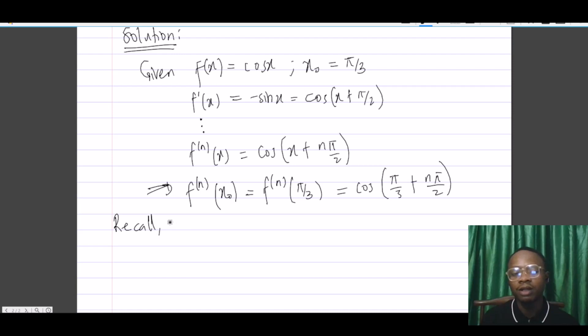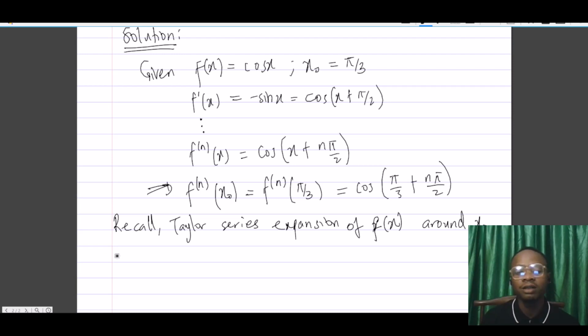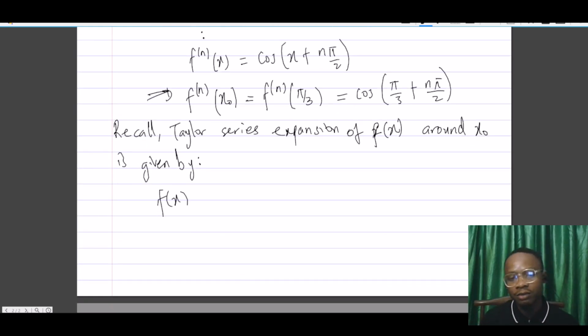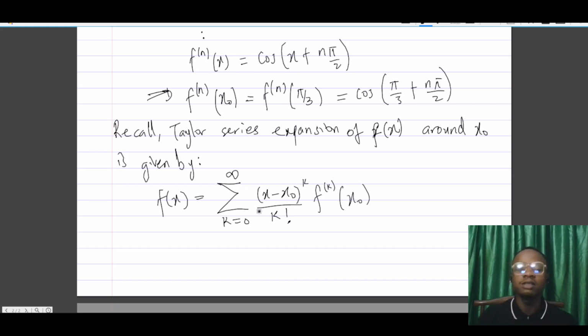Recall that the Taylor series expansion of f of x about x naught is given by this expression. f of x equals the summation from k equal to 0 to infinity of x minus x naught to the power of k divided by k factorial, multiplied by the kth derivative of f at x naught. So this is the expression we're going to use now.